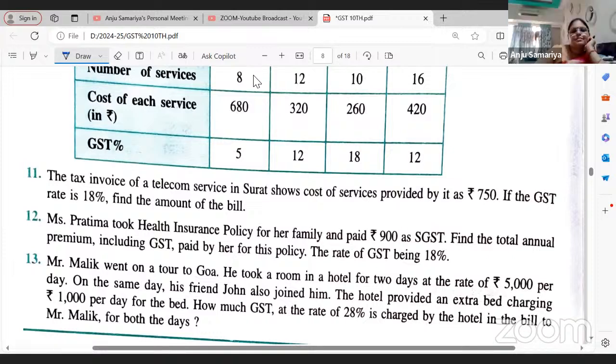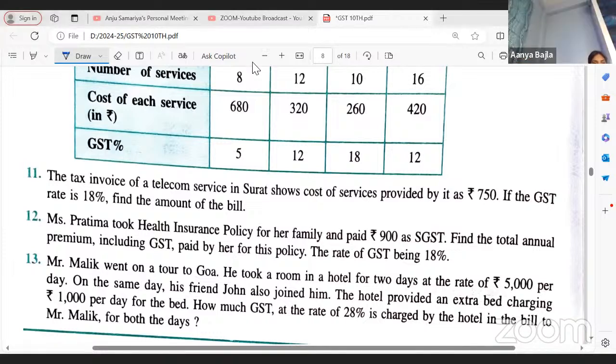GST paid है हमारे पास. Total GST, 1,800.